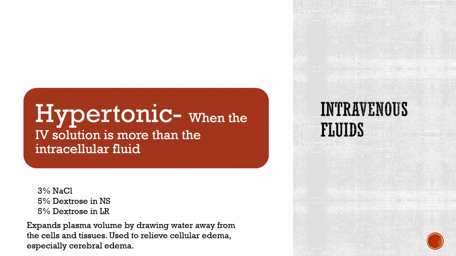So we would use this to relieve cellular edema, especially cerebral edema. Like I said, we don't give free water because we don't want it to cross into the brain and give that pressure. When we have excess water in other places in the body, the edema, the skin stretches, it can weep out, we can see the third spacing.